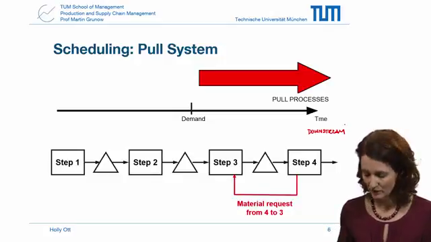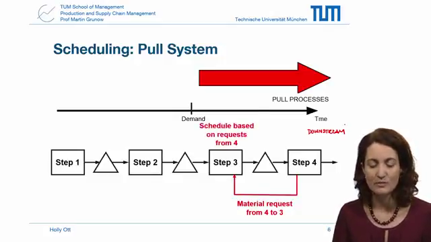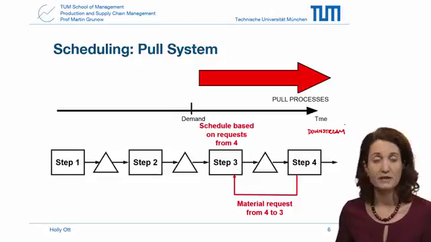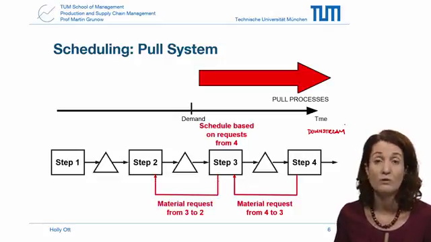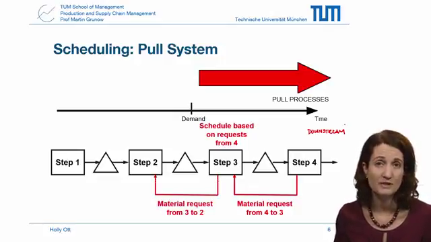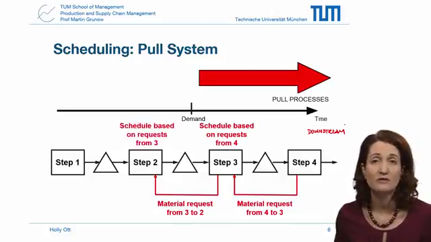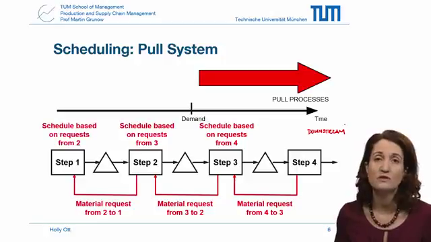Then, and this is the important part, the schedule for step 3 will be based on requests from step 4. Step 3 will look at the demand and will then send a material request upstream to step 2, and the schedule for step 2 will then be set by the request from step 3, and so forth and so forth.